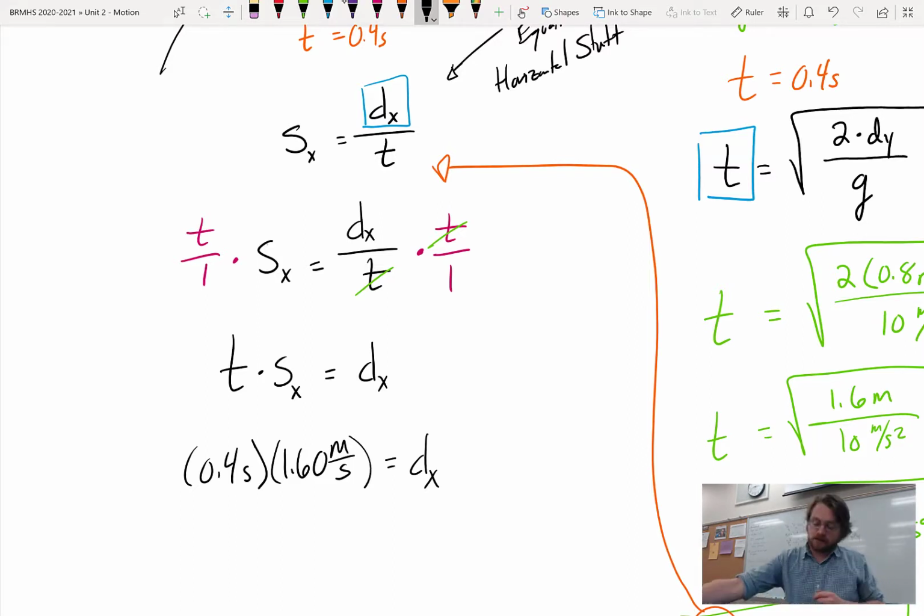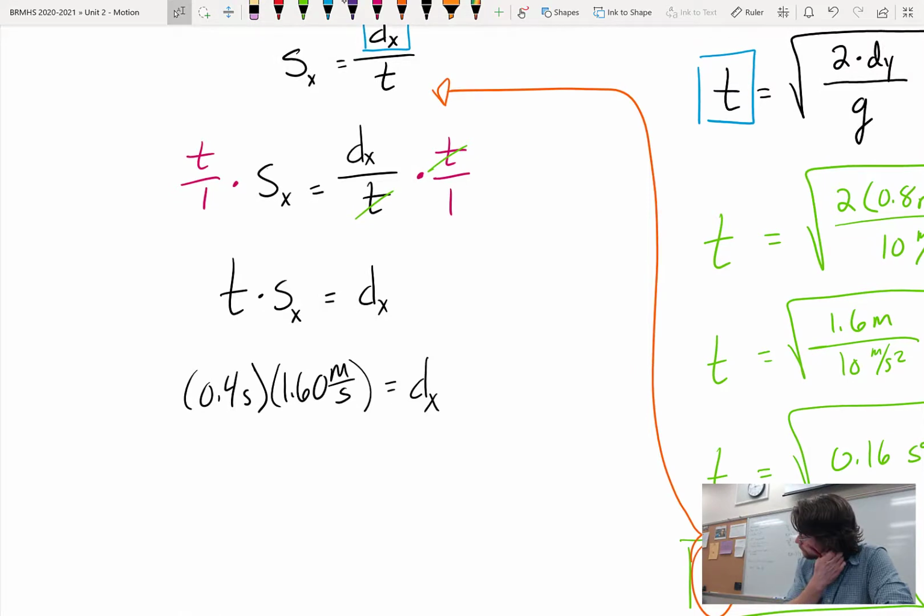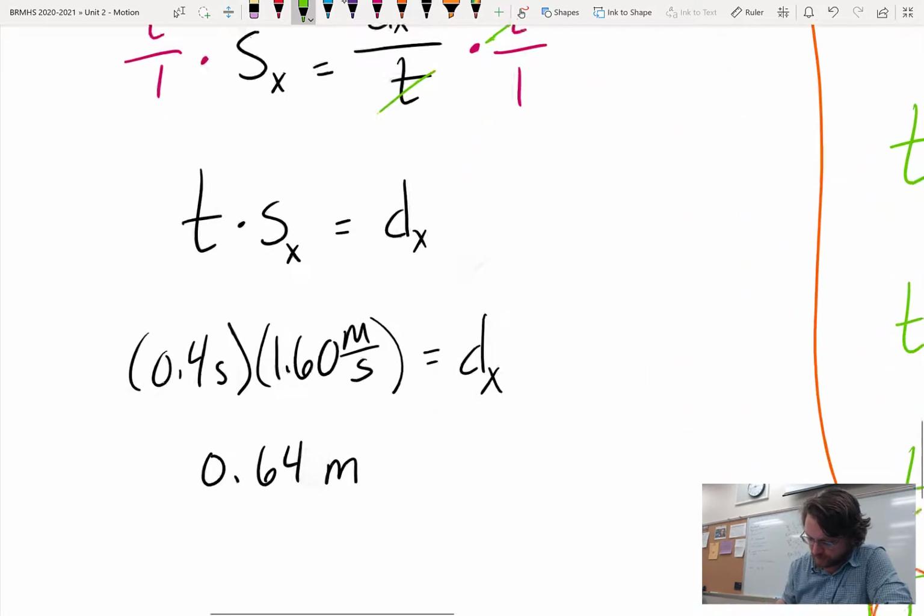Again, we've got some easy numbers here, but take out the calculator if you're not sure. 0.4 times 1.6 gives the distance we travel horizontally: 0.64 meters.